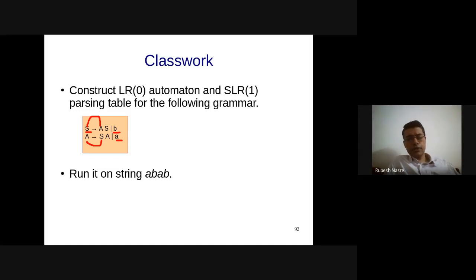Let me wait for others to also chip in. So capital S definitely, because that appears after dot, and then after dot capital A also appears, therefore that will also be there. And then dot B and dot a appear, and therefore there are going to be these additional two transitions possible. Alright, so that seems fine.